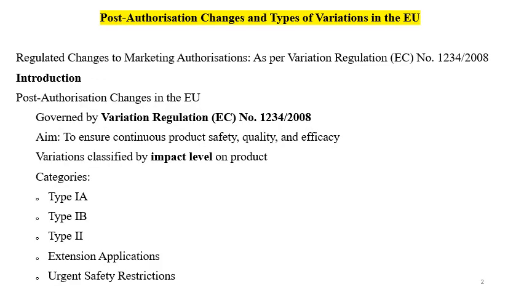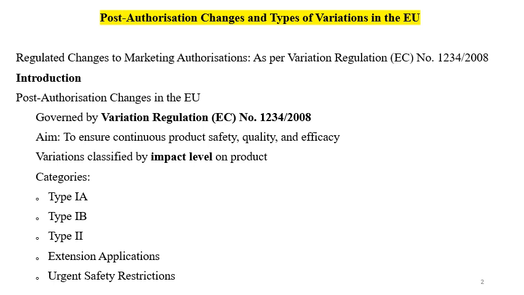So regulated changes for marketing authorizations as per the variation regulations for the Europe region are provided. Post authorization changes in the Europe region are governed by the variation regulation, and the aim of this regulation is to ensure continuous product safety, quality and efficacy.